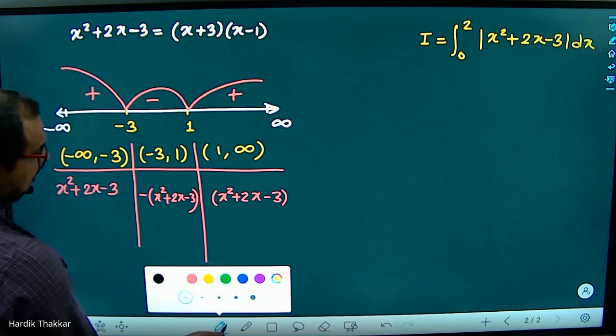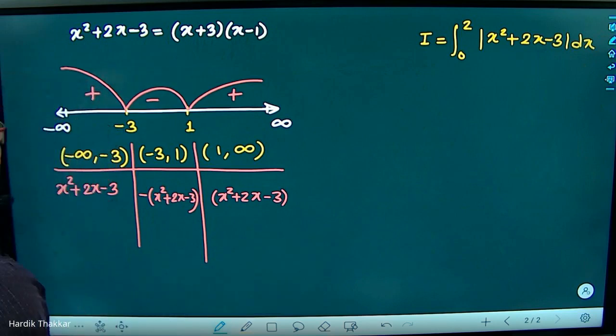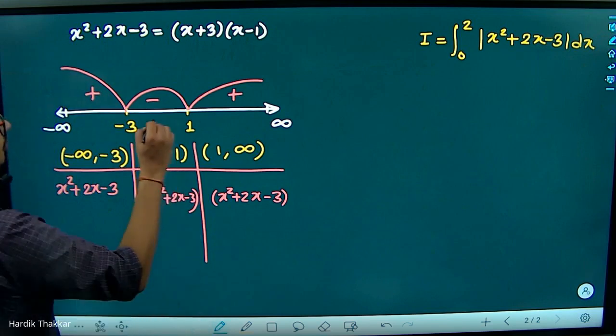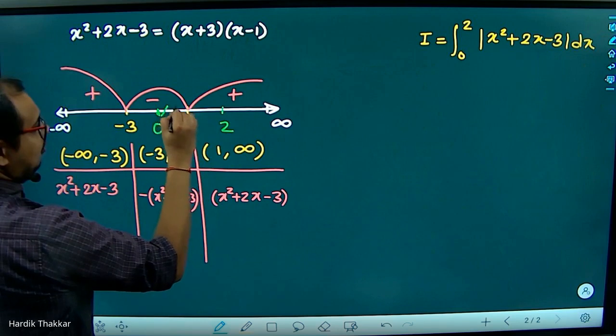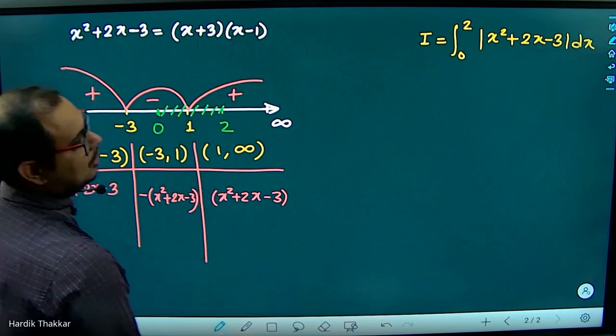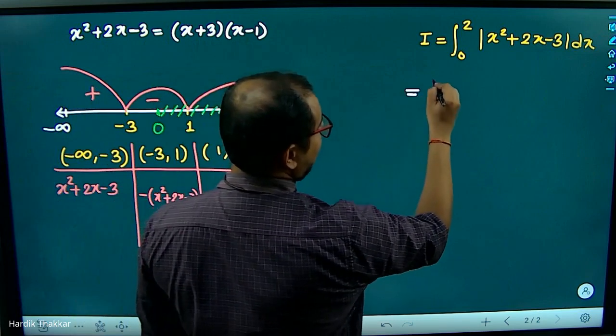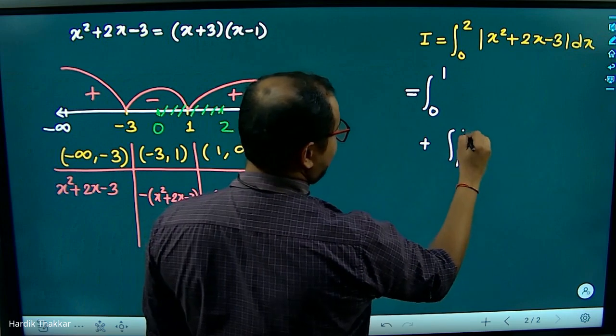Now, the critical point here is 1. The limits are from 0 to 2. We have to integrate the function over this interval 0 to 2. So we will divide the limit into 0 to 1 and 1 to 2. Correct?